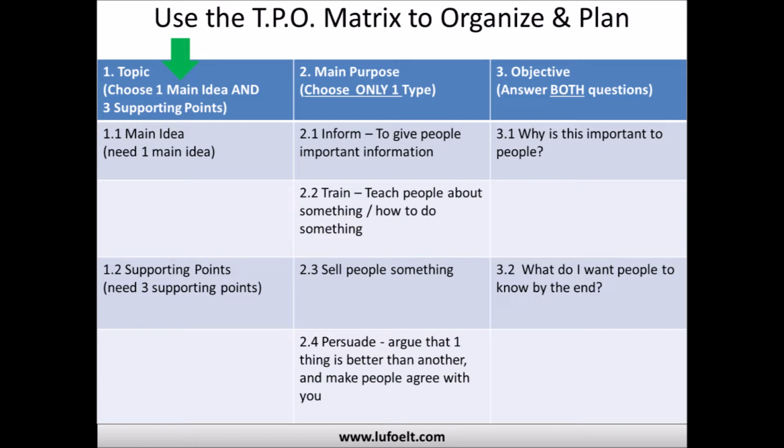And the supporting points will be the things that you explain during the presentation. So you need to be able to have examples from real life and explain those things very well. So that's the column for the topic, choosing 1 main idea and 3 supporting points.